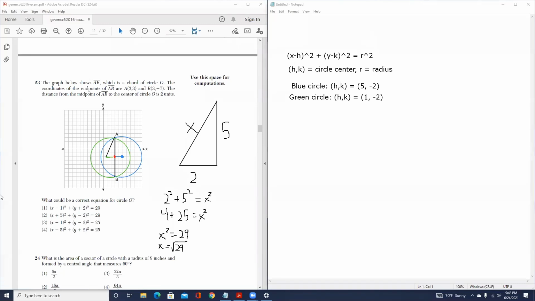Now going back to these choices, we can easily eliminate 3 and 4 because we know that r squared is equal to x squared, which we solved and got 29, so it can't be 25. If we plugged this form in for the blue circle, we would get x minus 5 squared plus y plus 2 squared equals 29. If we did the same thing for the green circle, we get x minus 1 squared plus y minus 2 squared equals 29.